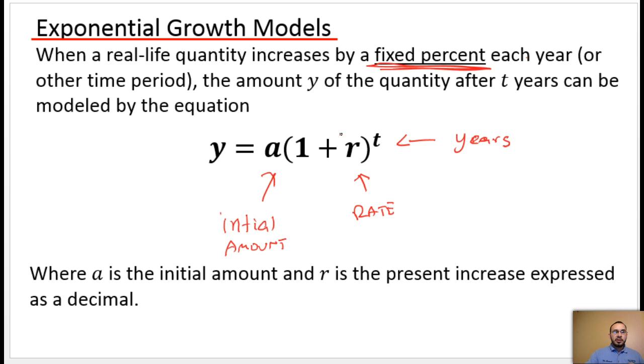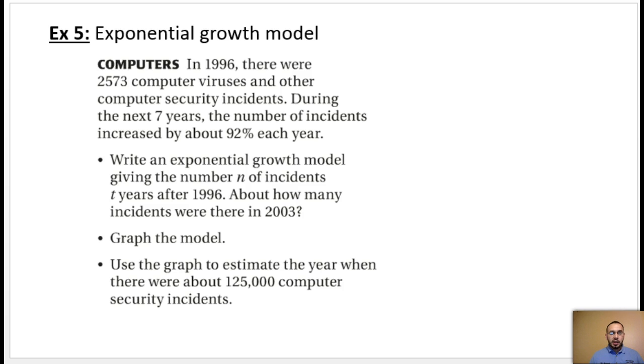So let's look at an example of what an exponential growth model will look like. So here we have a word problem. Yes, word problems. It's okay. I'm going to go ahead and write the equation down. We had y is equal to a times the quantity of 1 plus our rate to the t power. So we have, in 1996, there were 2,573 computer viruses and other computer security incidents.